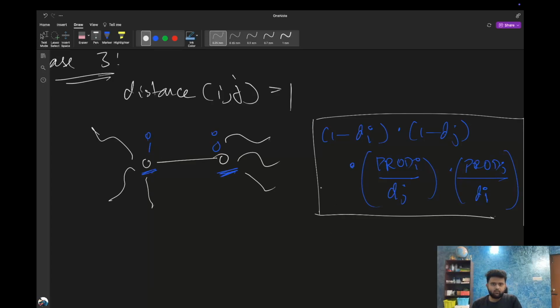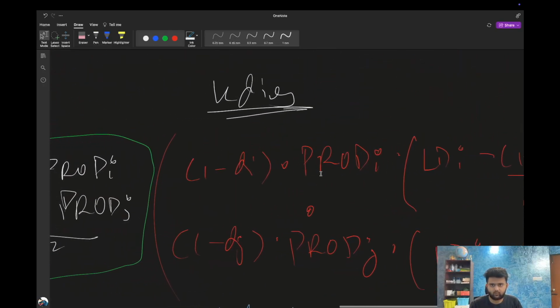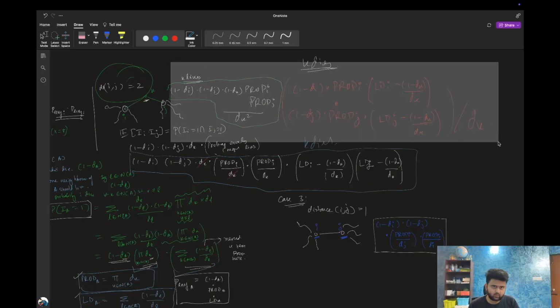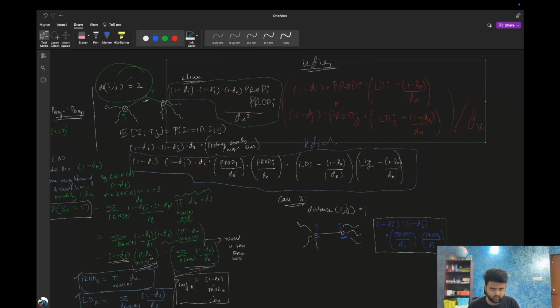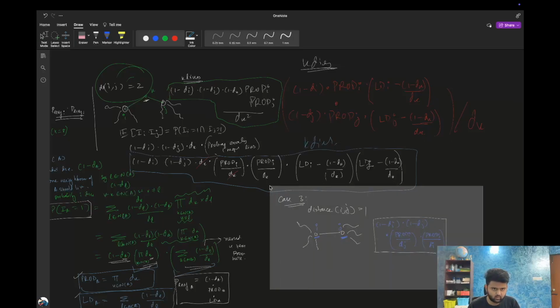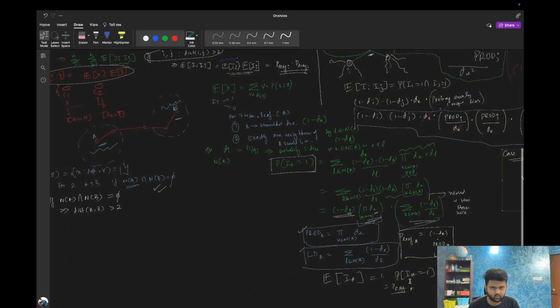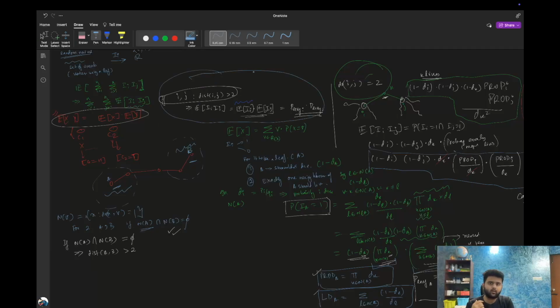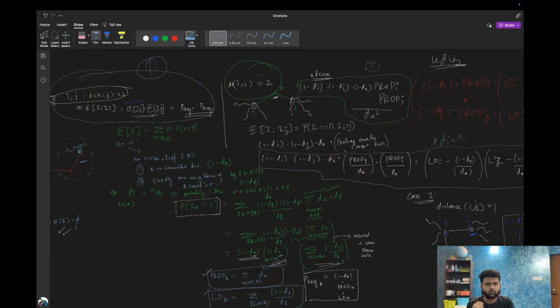So now we have 3 probabilities which we've derived, which I'll just write down separately. So you have one case when their distance is equal to 2, one case when the distance is equal to 1, and another case where they have distance greater than 2. So you have case 1, case 2, and case 3, right?